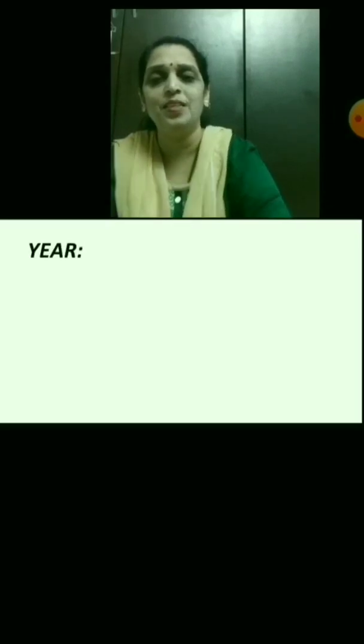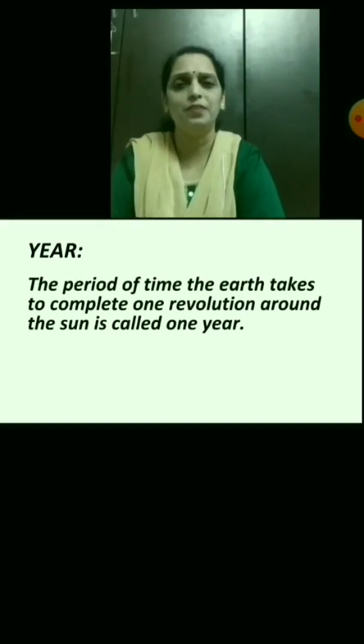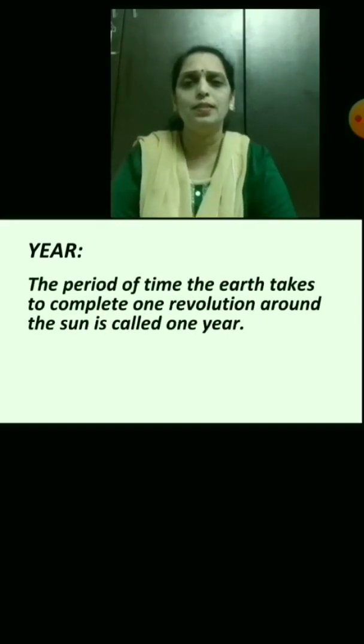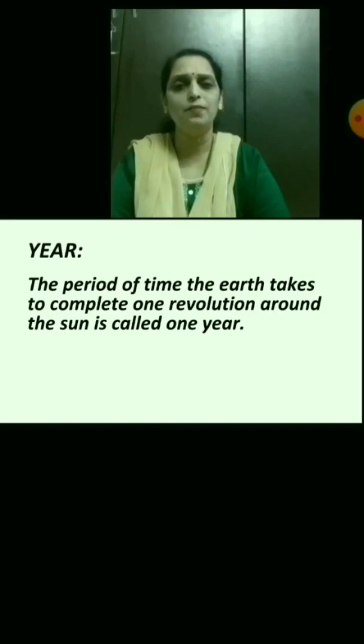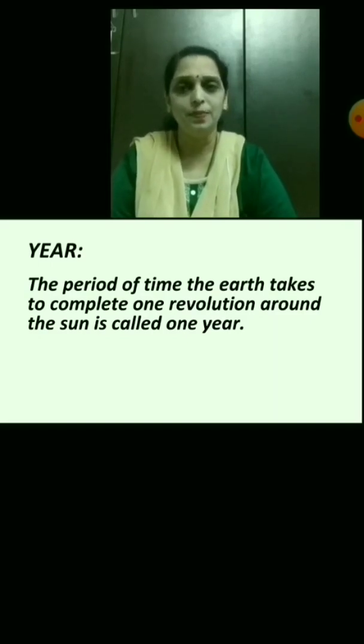Now the next, year. The period of time the earth takes to complete one revolution around the sun is called 1 year. What is a year?